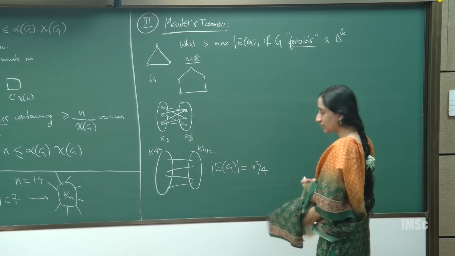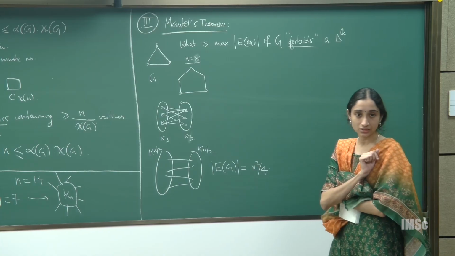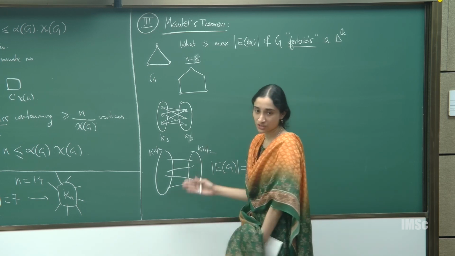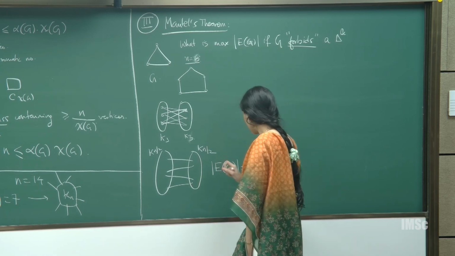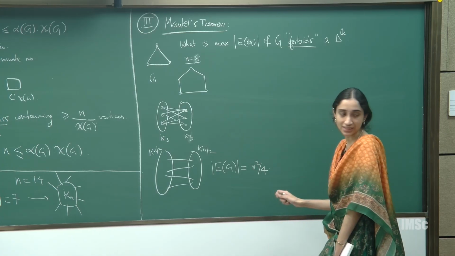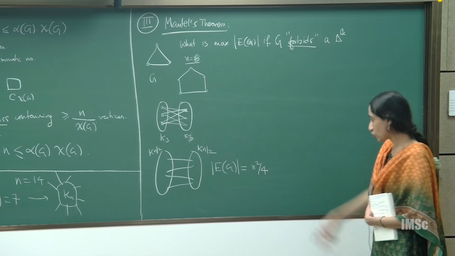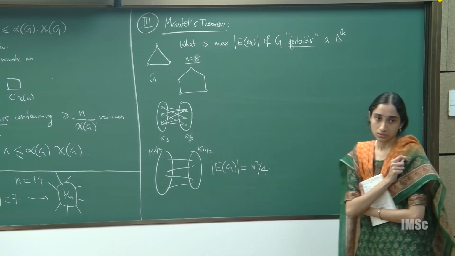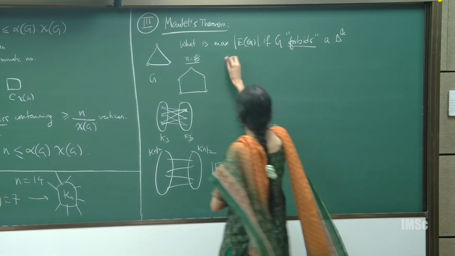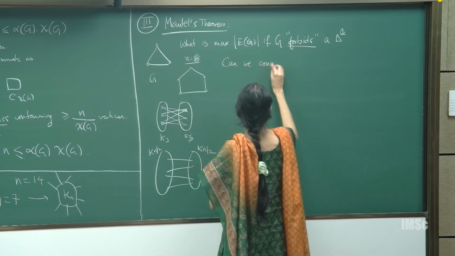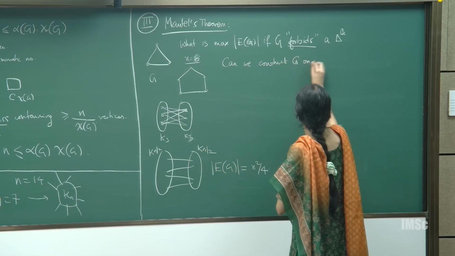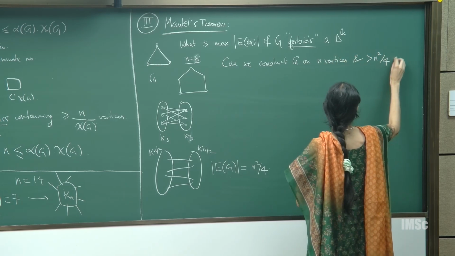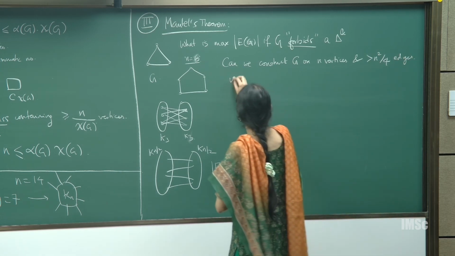So can you add one more edge to this graph and not get a triangle? It's not possible, right? But can you construct some other graph, maybe that's not this, with n vertices and n square by 4 plus 1 edges that does not have a triangle? Maybe this was a clever choice, since you wanted to avoid triangles, but maybe there's some other graph. So can you construct a G on n vertices and greater than n square by 4 edges without a triangle?